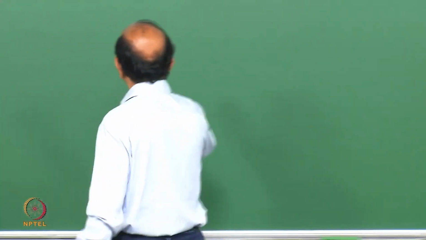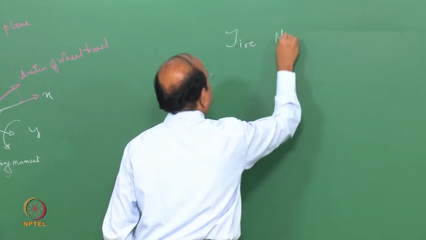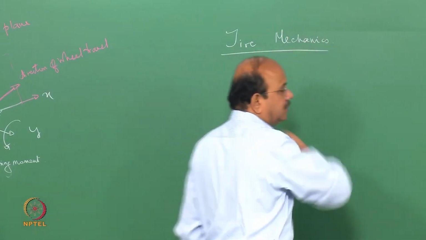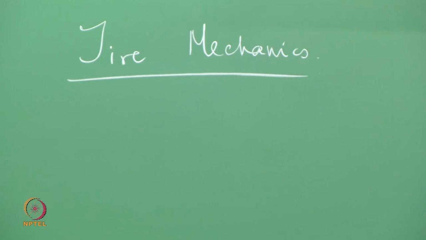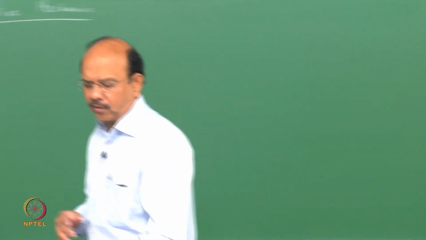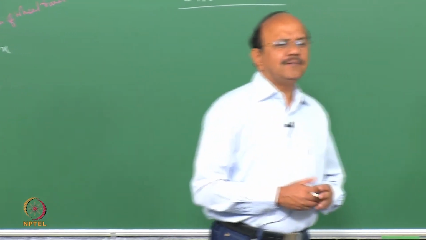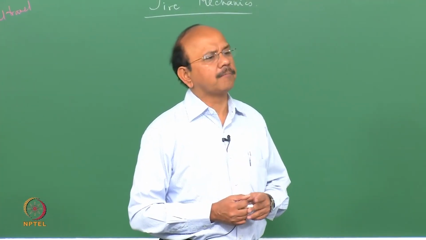So in other words, we will understand what are tires, and then we will go ahead and understand what is the mechanics of tires. Mechanics of tires is a very interesting topic as well as a difficult topic. Though one would say that what is in a tire, I see this every day in every car. What's so important about tires?